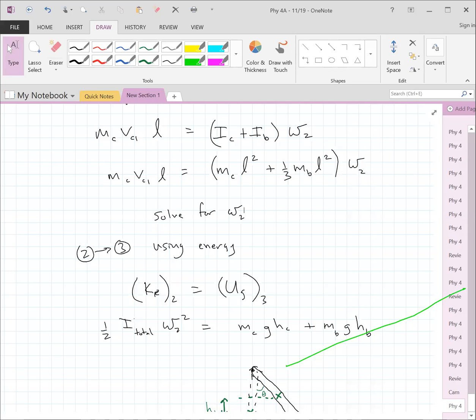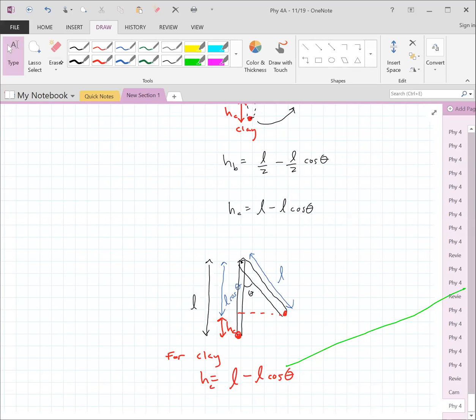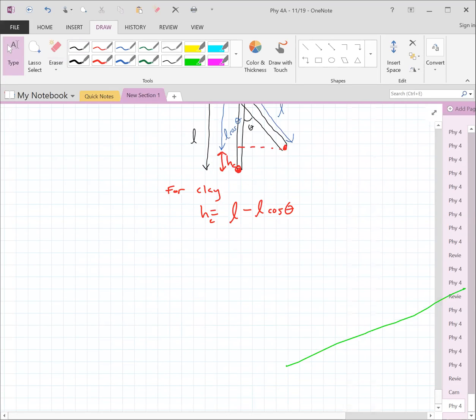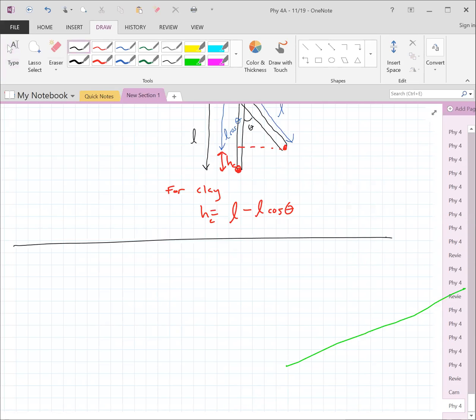So how about we do... I just want you to see that you can combine, if you have a kind of complicated object, just like if you throw a bunch of different masses in the back of your wagon, what's the total mass of the wagon?